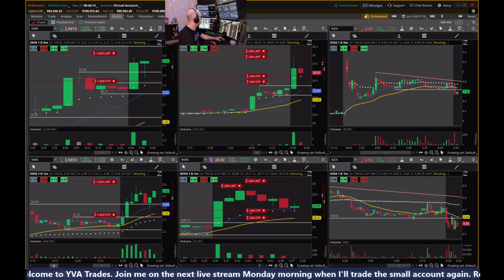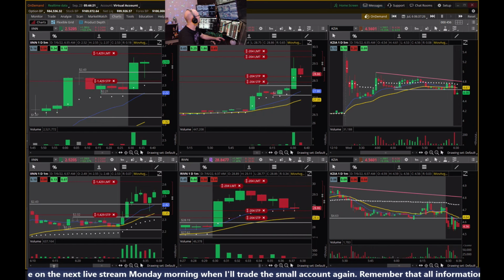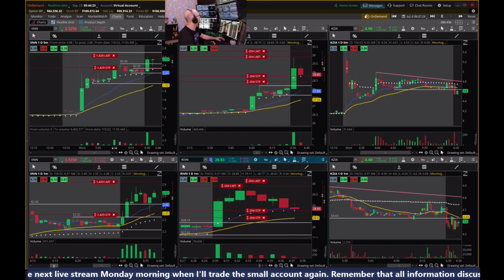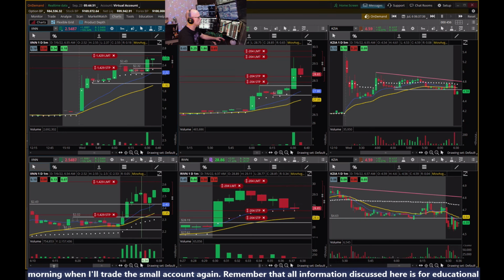I'm going to move that order up right there on IINN because I like the way the 5-minute candle looks. I don't like that RIVN hasn't bounced yet.